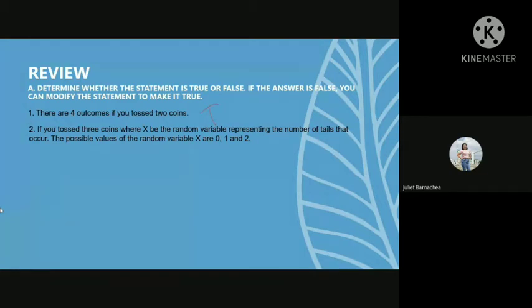True is not correct. If this is false, what should be the correct answer? If the answer is false, you can modify the statement to make it true. What will we change there? What will be changed is the possible values.